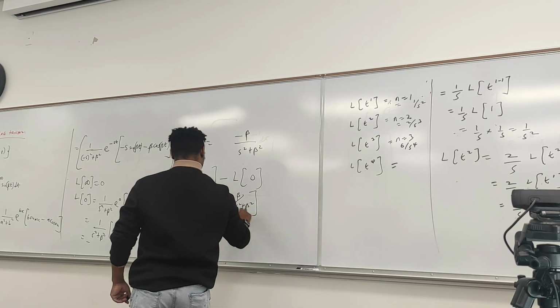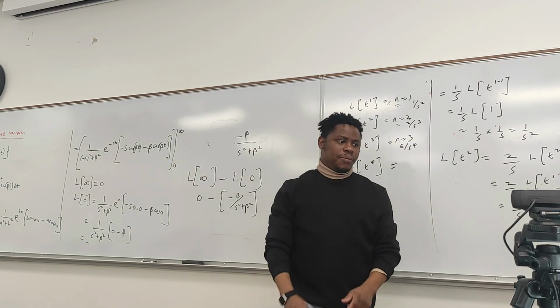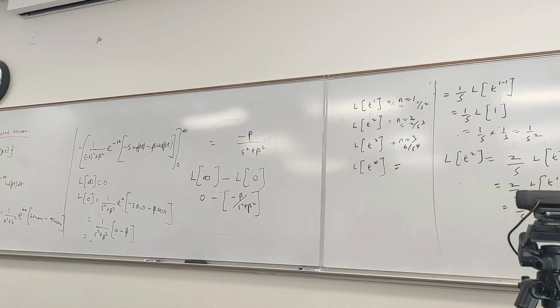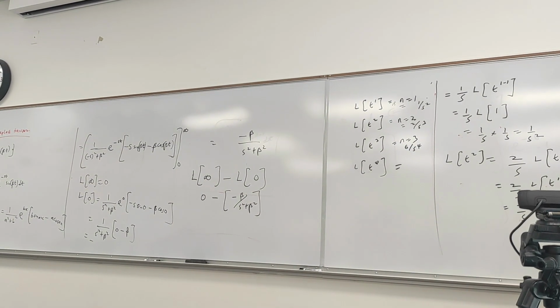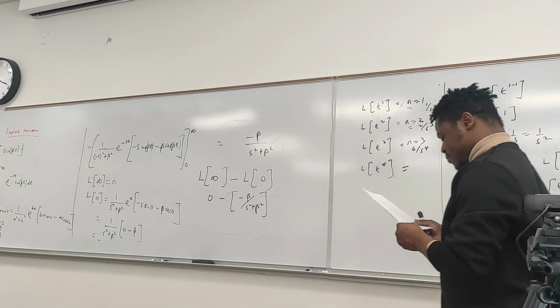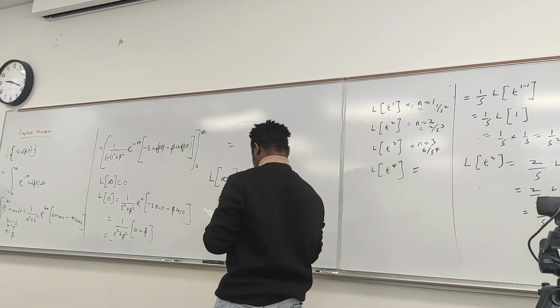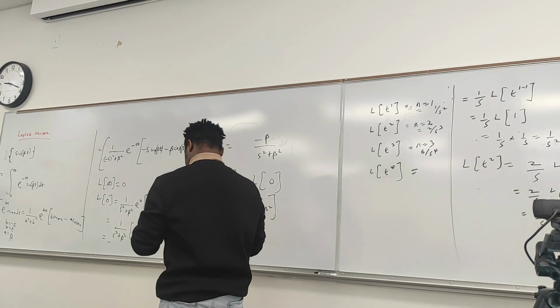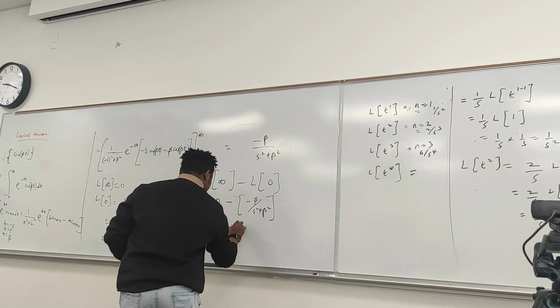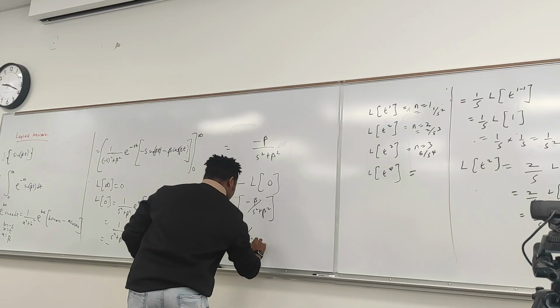This is beta. I want to believe I didn't miss something. So the answer becomes beta over s squared plus beta squared. Yes, that is number 13.